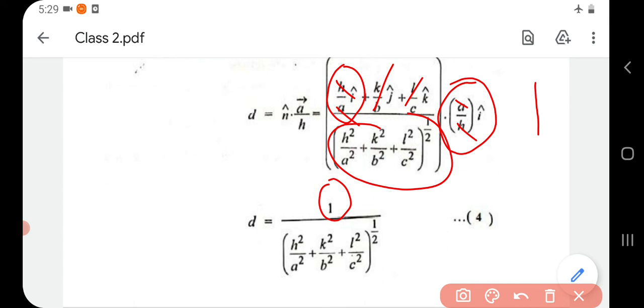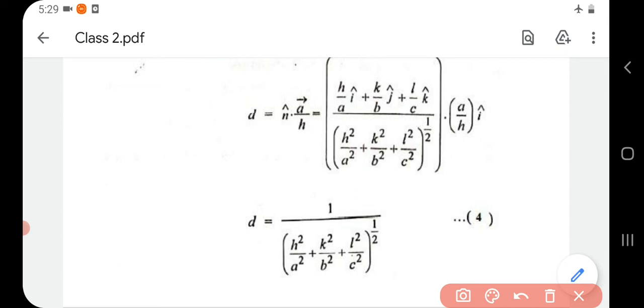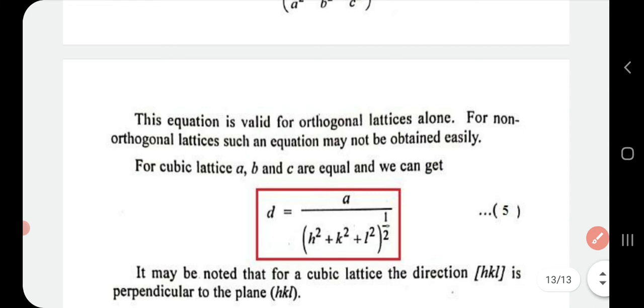Now from here, can you find the formula for interplanar spacing of a cubic lattice? Yes, you can find. Why? For a cubic lattice, a equal to b equal to c. So definitely for a cubic lattice, the formula for interplanar spacing d will be equal to 1 by root of h square plus k square plus l square. See, it is given just below.